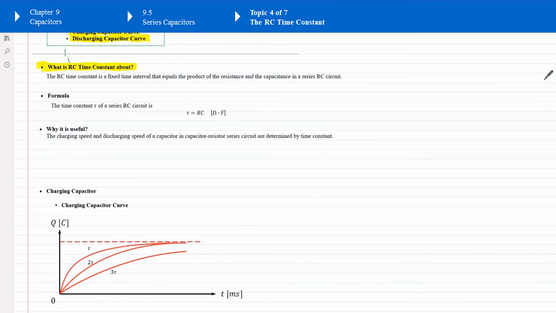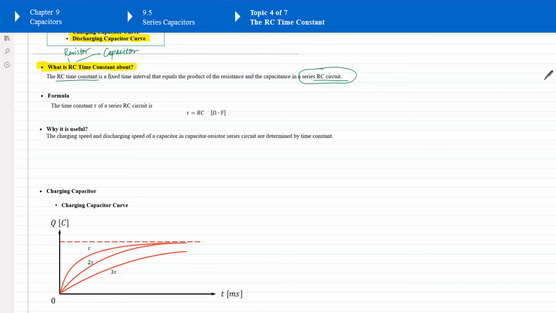RC stands for resistor capacitor. So the RC time constant is a number that's relevant to this resistor capacitor circuit. For this session, we are only interested in RC series circuits.